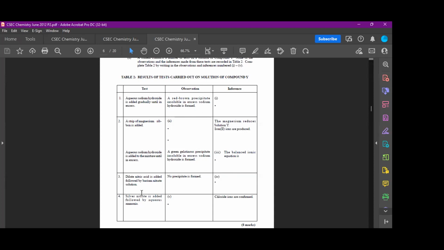Once you see these specific chemicals, you can use them to identify what it is testing for. So for dilute nitric acid and barium nitrate, what would it be testing for? What do you call it there? Acid? Ions?